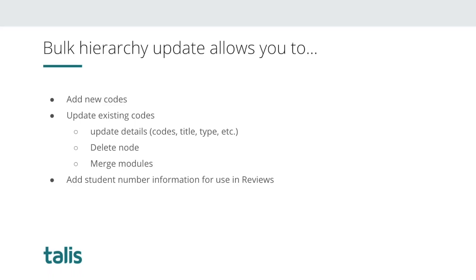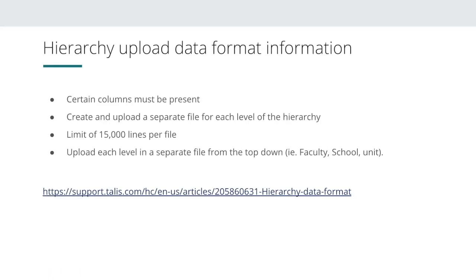So if you're in reviews and you're thinking that, you know, I've updated the student numbers on the module to be this number, except in reviews it's showing as this number, just check out on the list information what the student numbers are for that course, because it might be that there is student numbers on the list, in which case delete them on the list and then it will use the student numbers on the hierarchy node. So that's the bulk update.